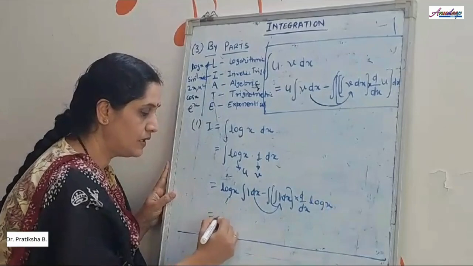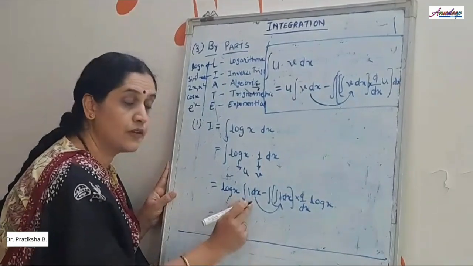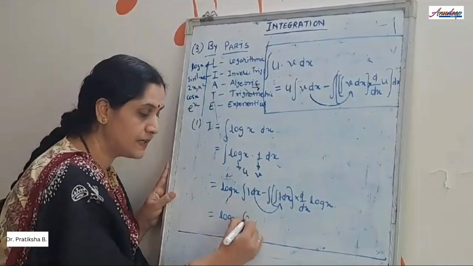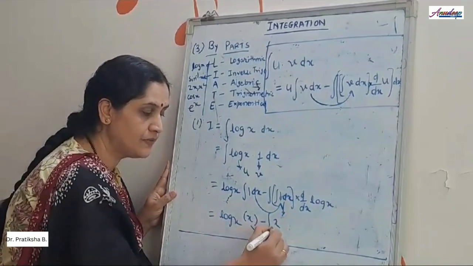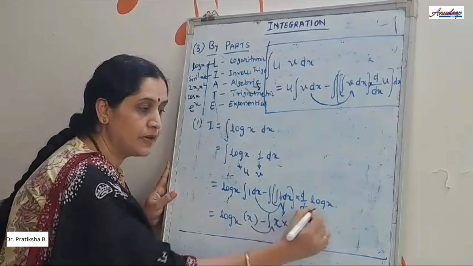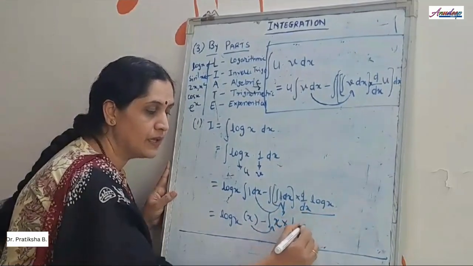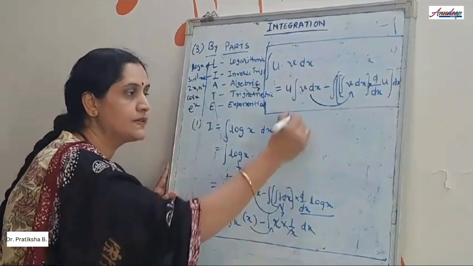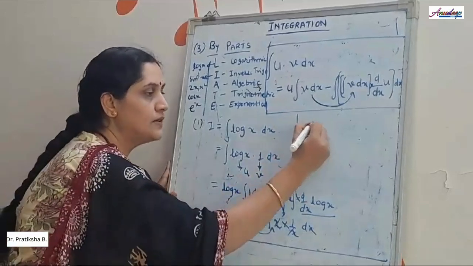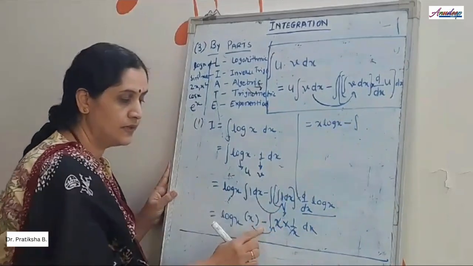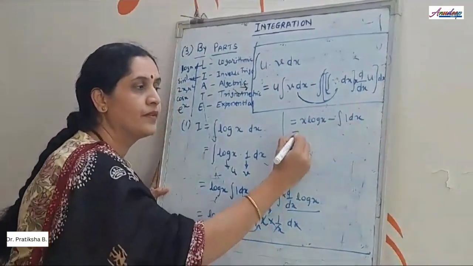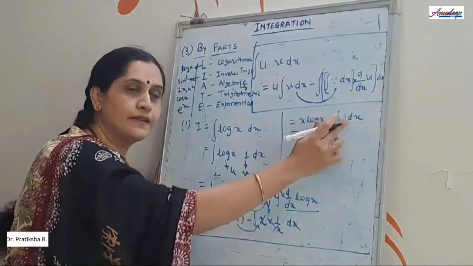So what I am getting here is, now what is the integral of 1 dx? Correct, that is x. Minus, again x as it is, the same term, multiplied by the derivative of log x, which is 1 by x. So what remains inside: it is equal to x log x minus integral of 1 dx.